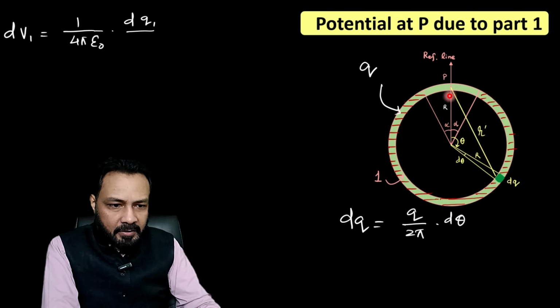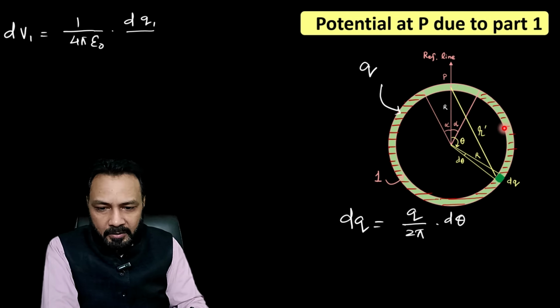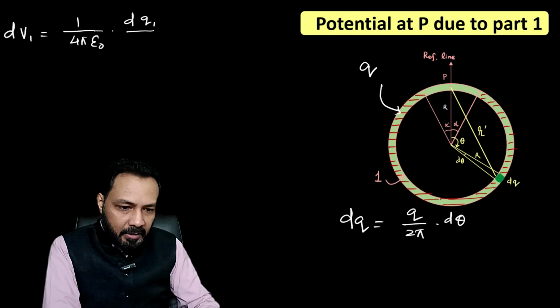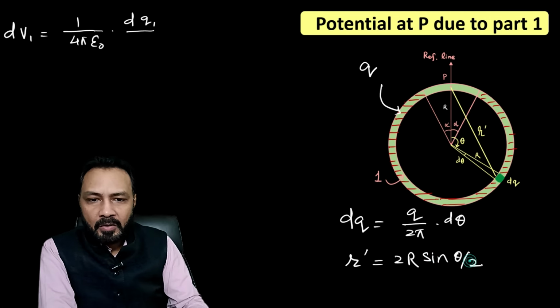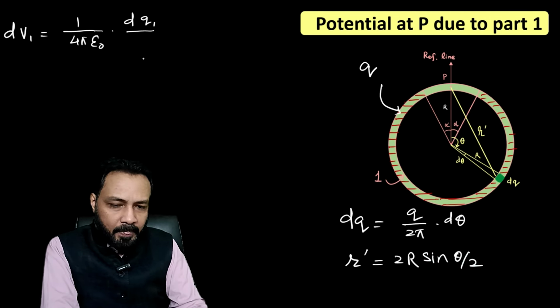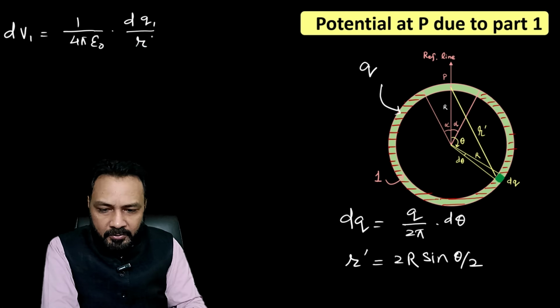So this is r, and this is r, and this is theta. So using the parallelogram result, we can directly write r dash is equal to 2r sine theta by 2. So dq divided by r dash, and put the values of dq and r dash.